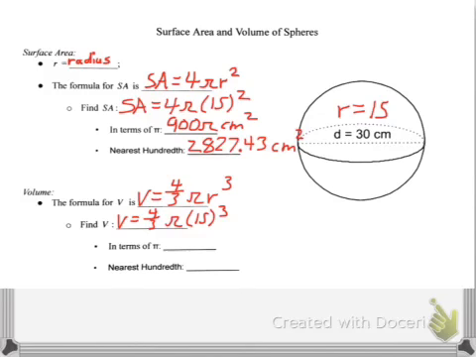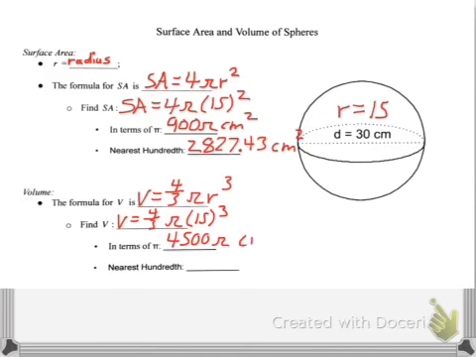If you want to put 15 cubed in your calculator, you can put it in as 15 times 15 times 15, or you can do 15 and use the caret symbol and hit 3 and then hit enter. Your other option is to hit the math function on your calculator, and there's a cubic function. To put this in terms of pi, once again, we would not put the pi in the calculator. When we do that, we would get 4,500 pi.